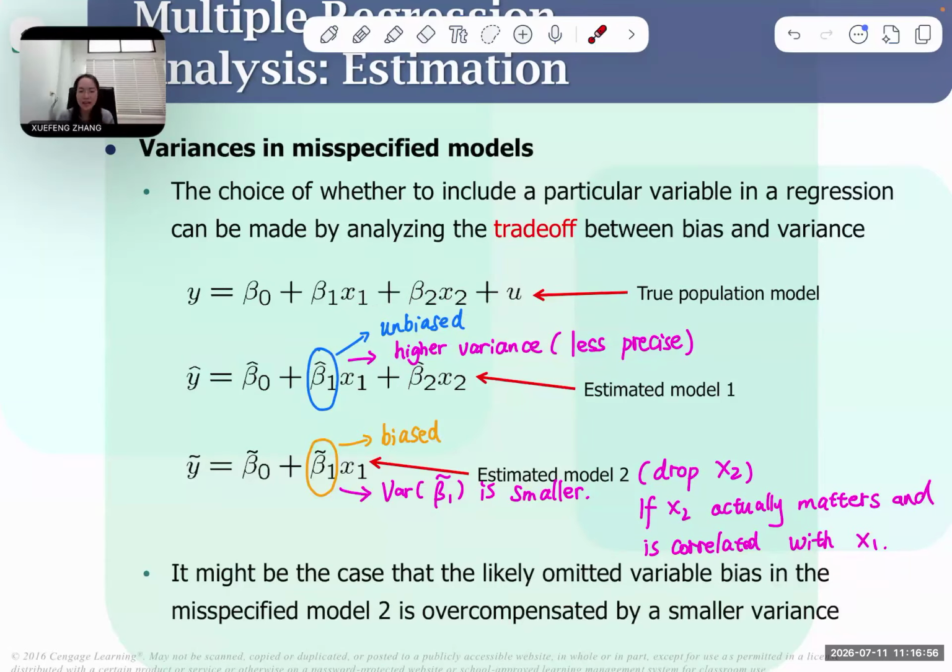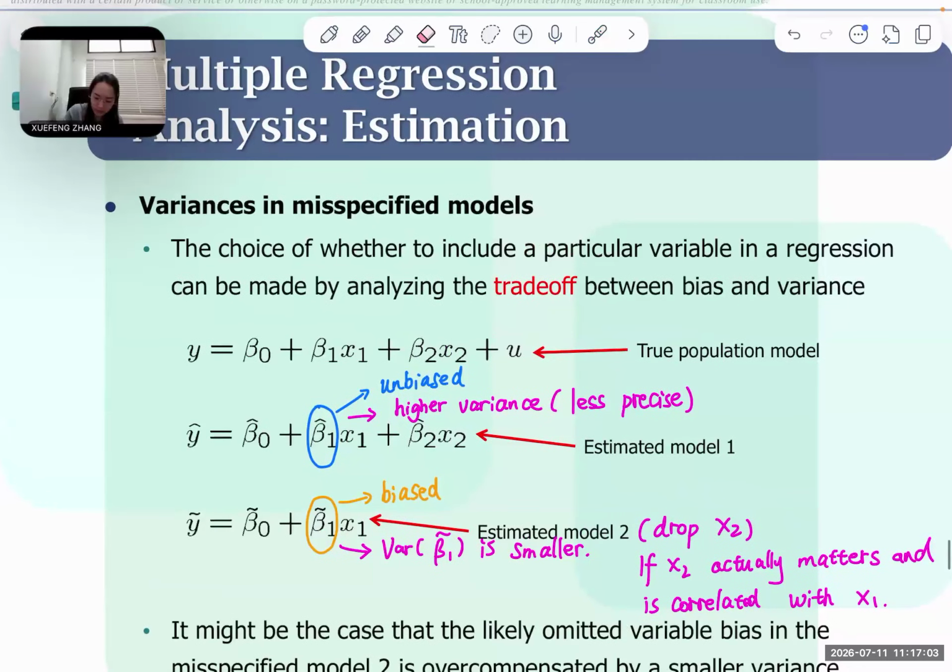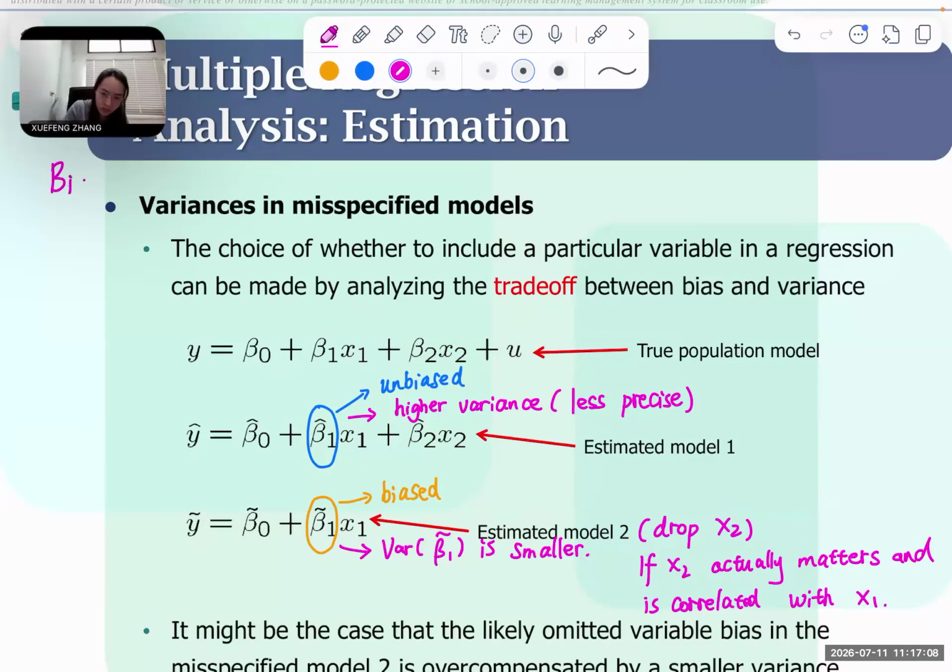This is the classical bias-variance trade-off, one of the deepest ideas in all of statistics, not just econometrics.